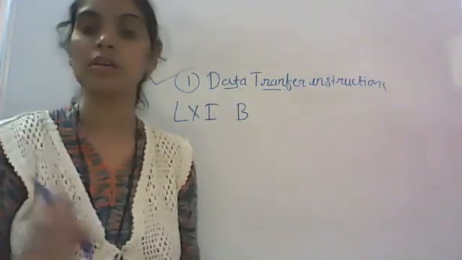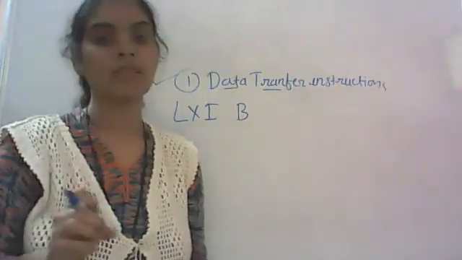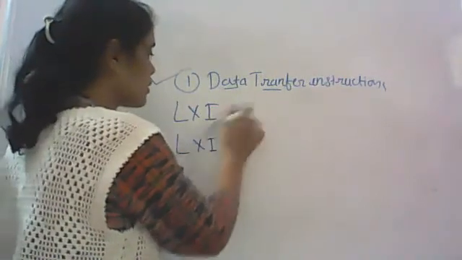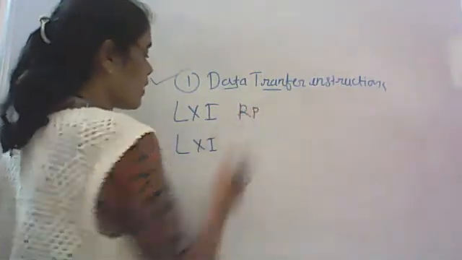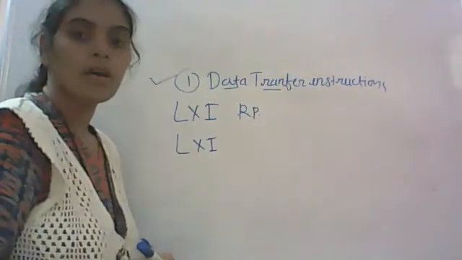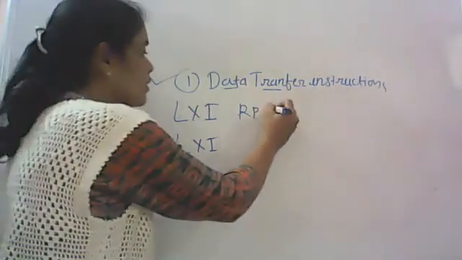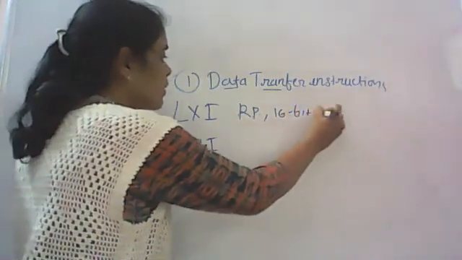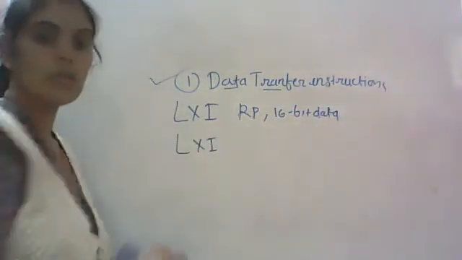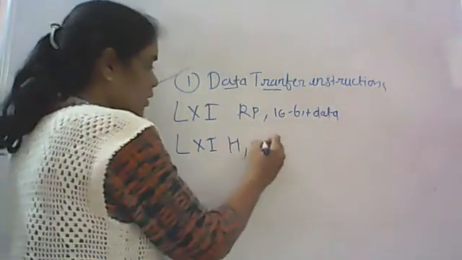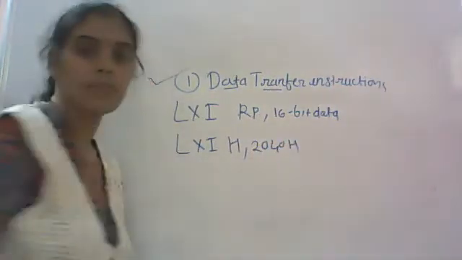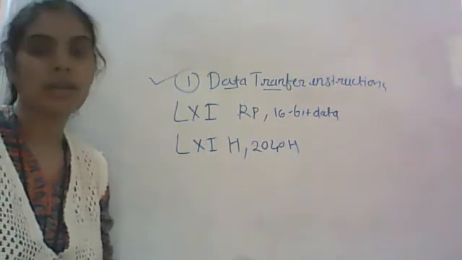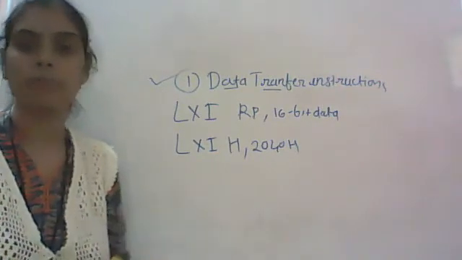This instruction load the 16-bit data in the register pair. For example, LXI register pair RP and 16-bit data. So LXI H, 2040 hex. In this instruction, load 16-bit data in the register pair.